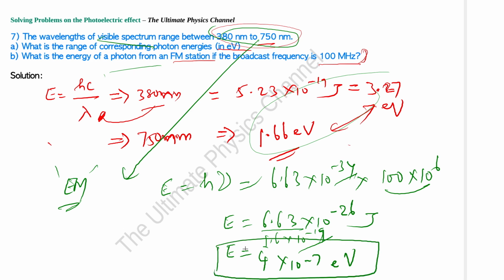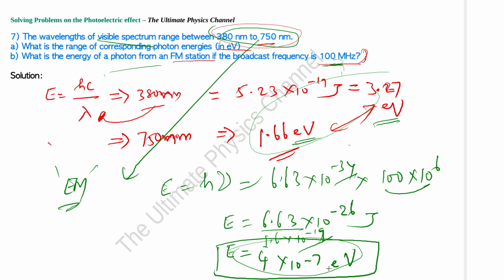So that is a very small frequency compared to visible spectral frequencies. We can clearly see that the energies are very small. The energy of the FM station radio photons, radio waves, is very small, and we can therefore see that if you use radio waves, the photoelectric effect will not happen, because the metal work functions are in the eV range, whereas the energy of photons in radio waves is at least 1,000,000 times less.